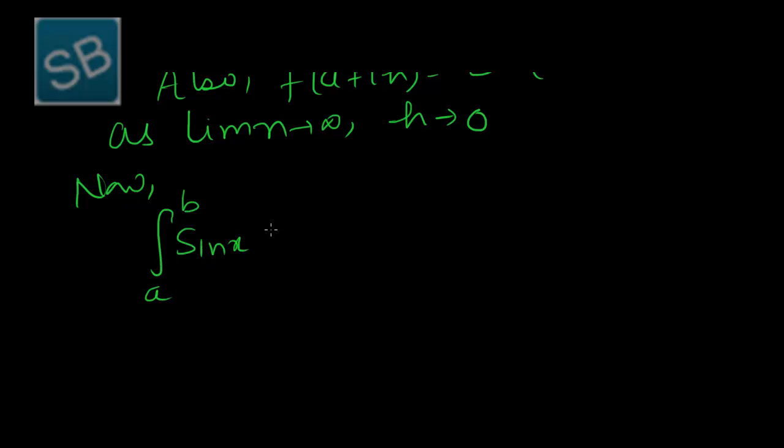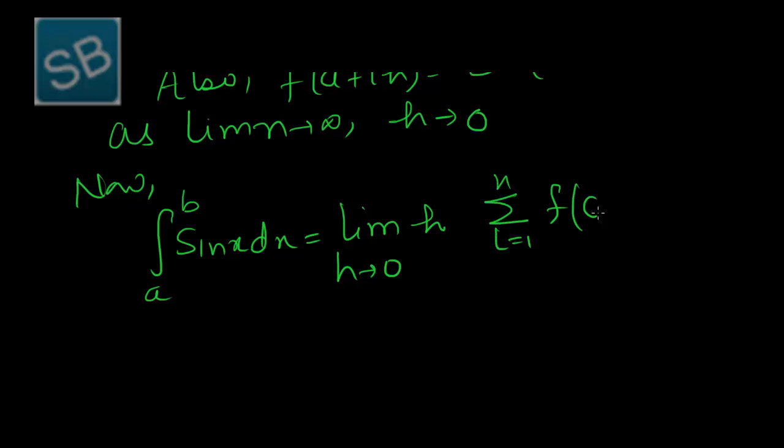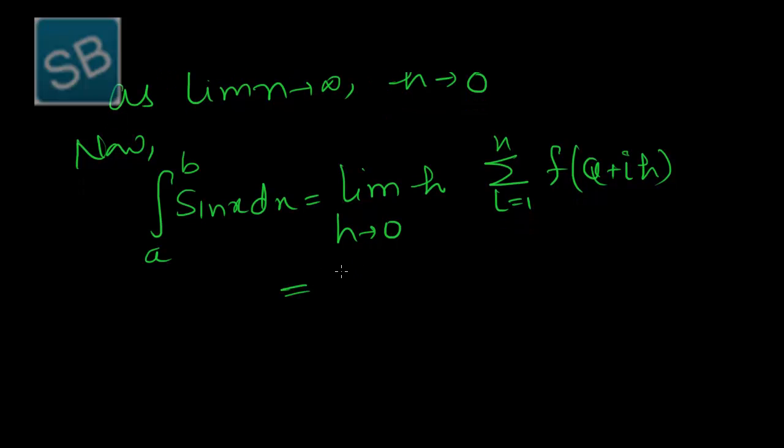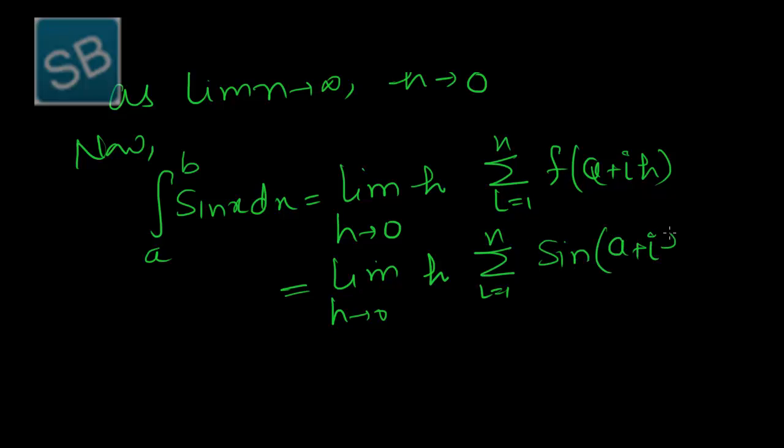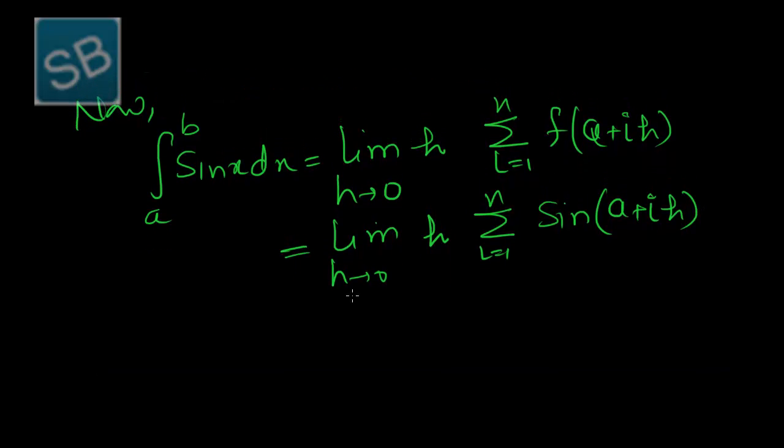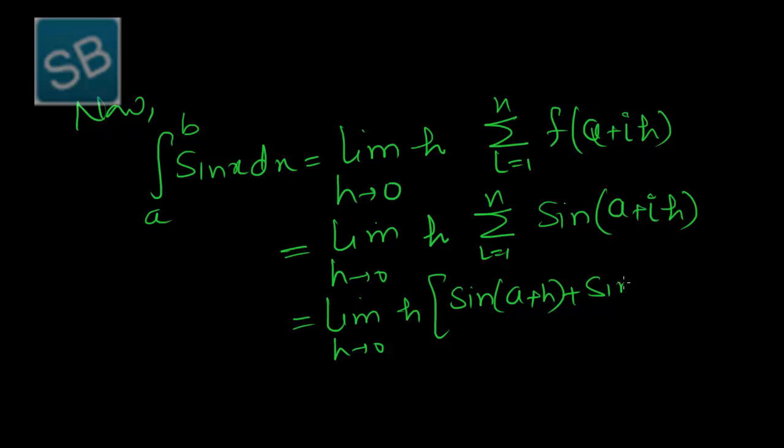Integral a to b sin x dx is equal to limit h tends to 0 h summation i equals 1 to n f of a plus ih, that is limit h tends to 0 h summation i equals 1 to n sin of a plus ih, that is limit h tends to 0 h times sin of a plus h plus sin a plus 2h plus so on sin of a plus nh.